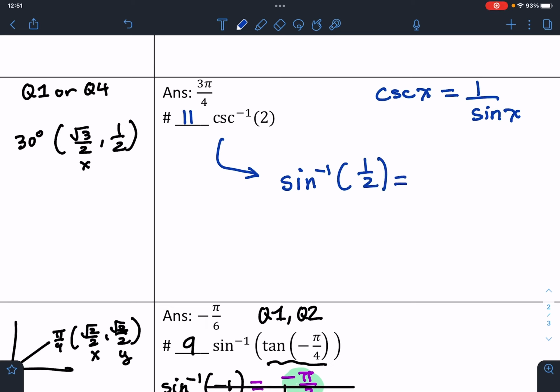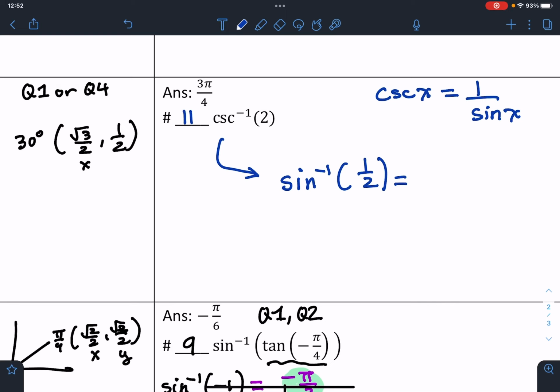And I know this might seem strange, but let's think about it. Cosecant is the reciprocal of sine. So if I figure out which angle gives me a half, I know that if I flip that ratio of 1 over 2, that would be 2, and that would be associated with cosecant.